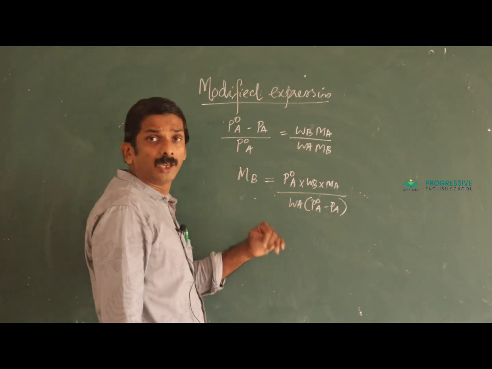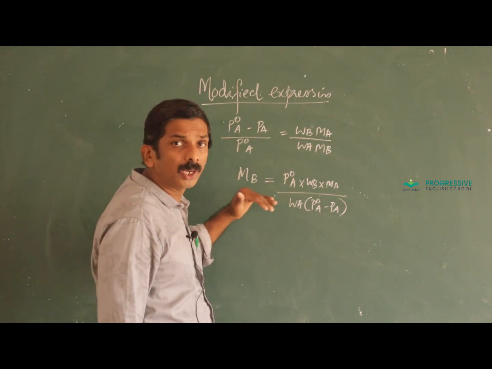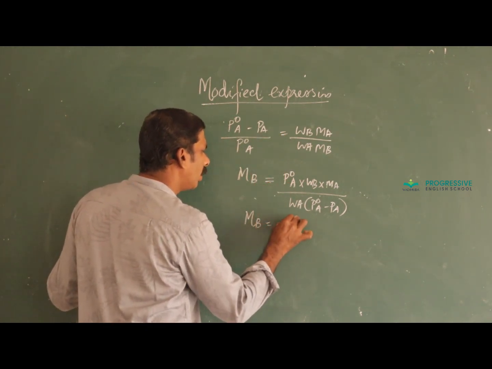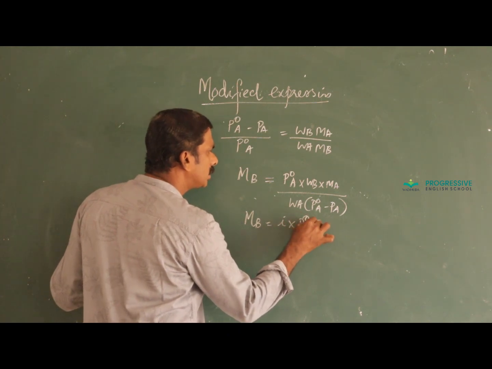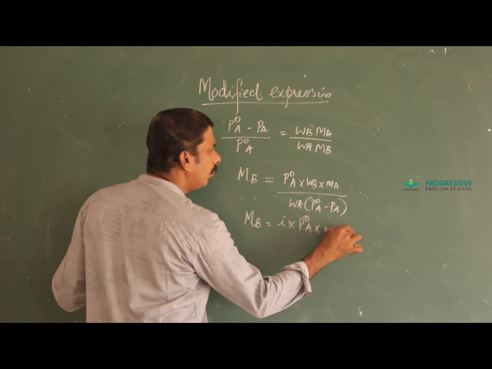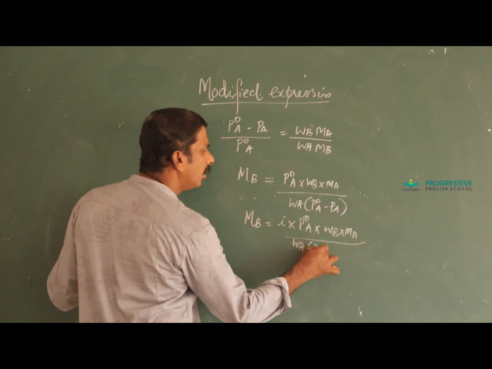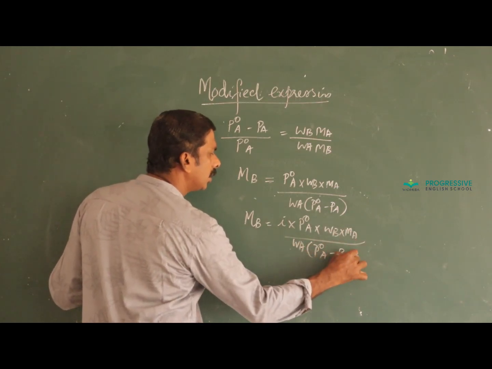And by incorporating this Van Hoff factor, we modify this expression: MB equal to i into P0A into WB MA divided by WA into (P0A minus PA).